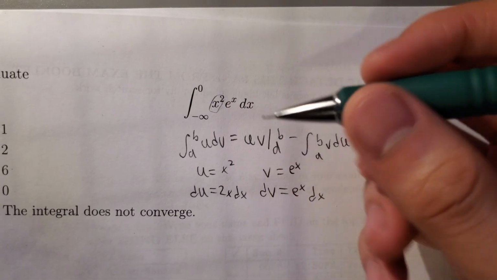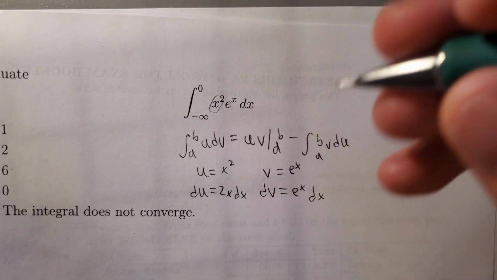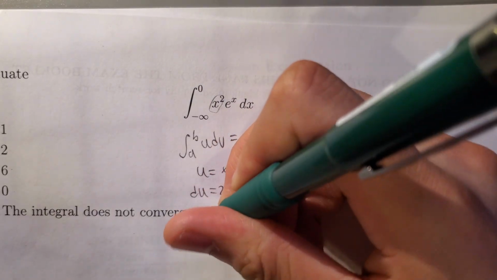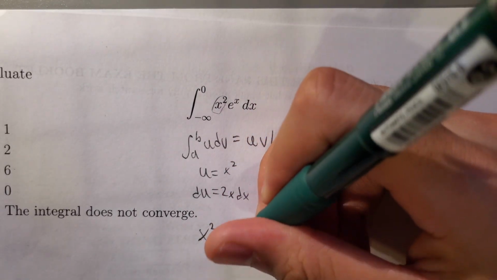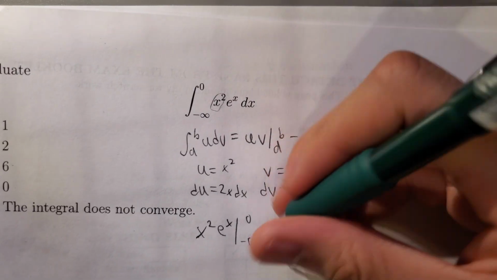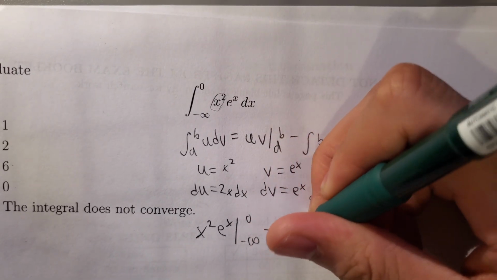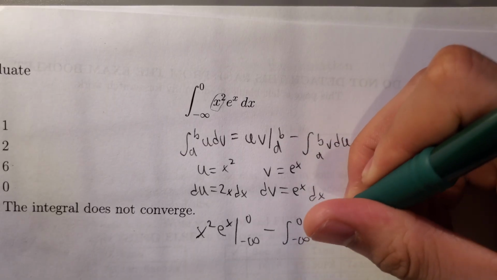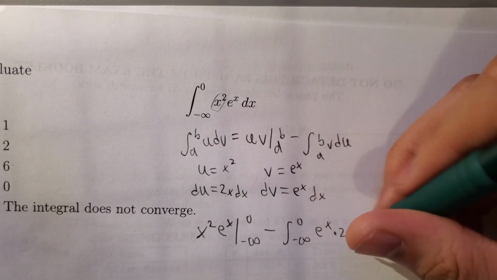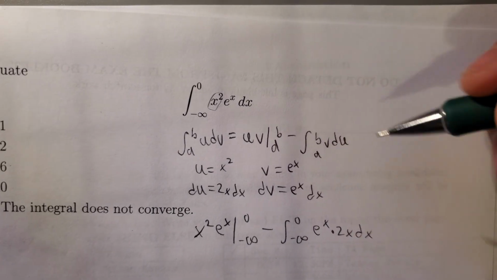So I'm going to start the first pass, so you end up with x squared times e to the x, evaluated from negative infinity to 0, minus the integral from negative infinity to 0 of e to the x times 2x dx.